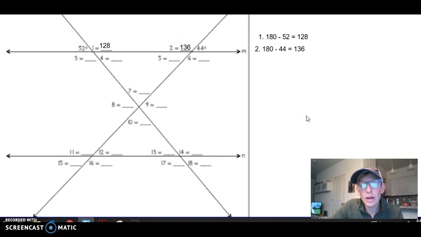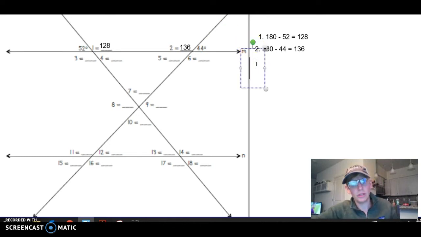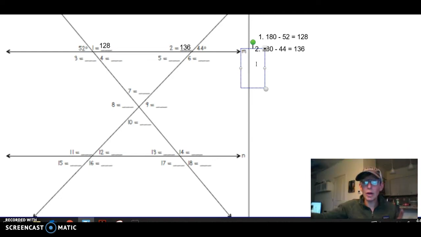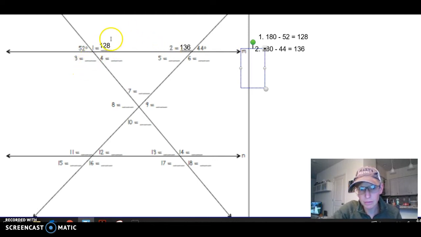To solve for angles 3, 4, 5, and 6, I'm going to use the idea of vertical angles. Vertical angles, if you refer to your book over here, is when two angles are directly across from each other. Angles 1 and 3 here are vertical angles.